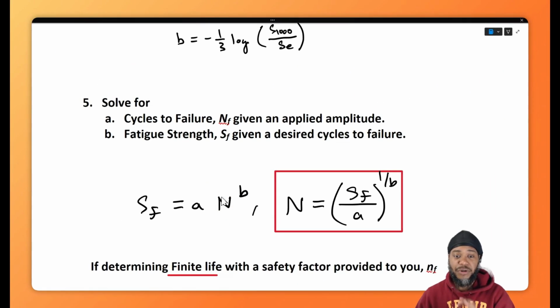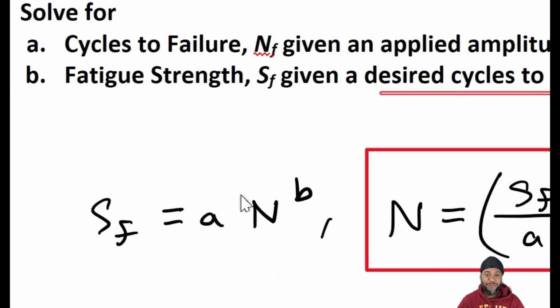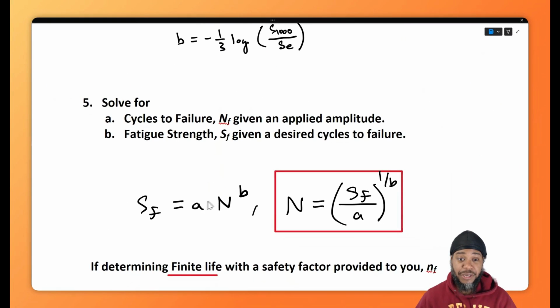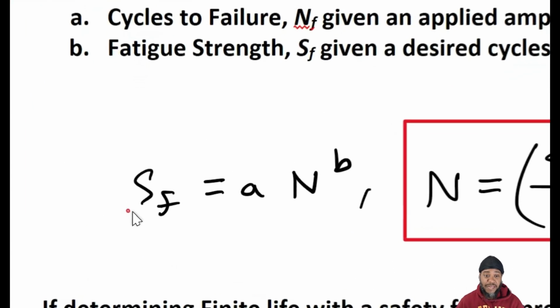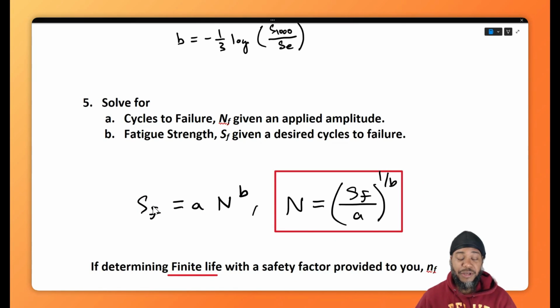We desire that our part have at least 10,000 cycles to failure. What is the available stress amplitude for that desired cycles to failure? Well, we can put 10,000 in here, and calculate and find that fatigue strength or that stress amplitude at or below which we have at least 10,000 cycles.